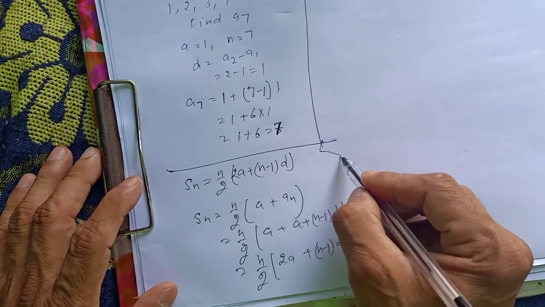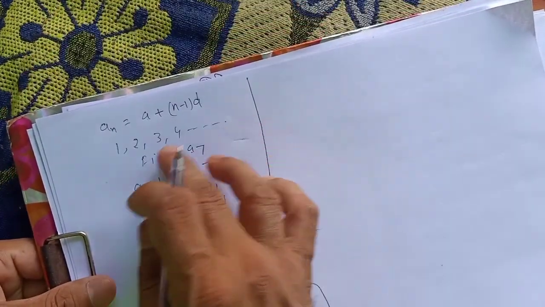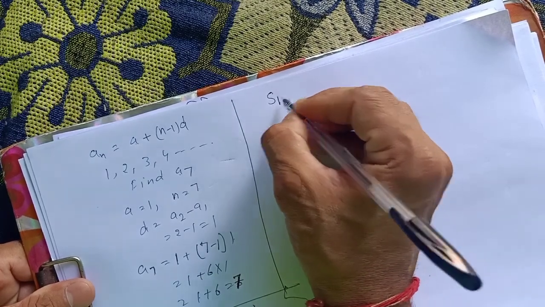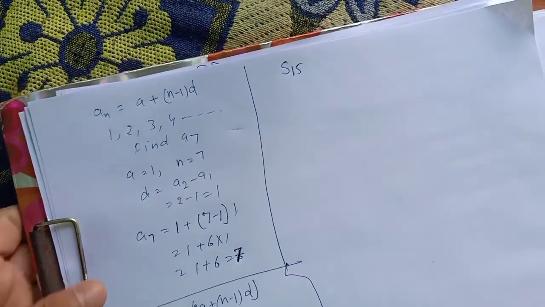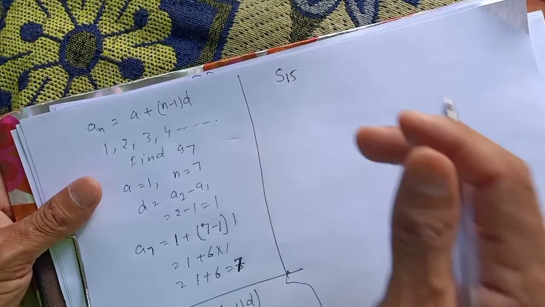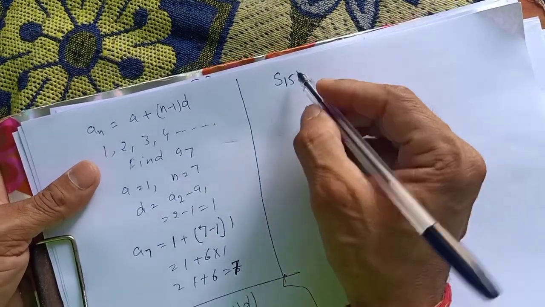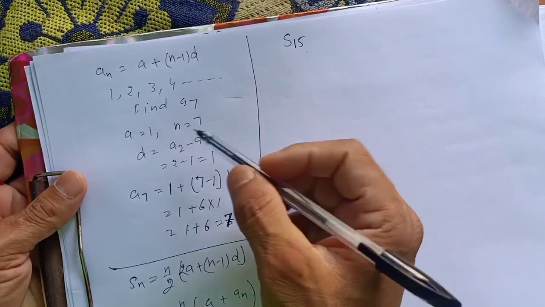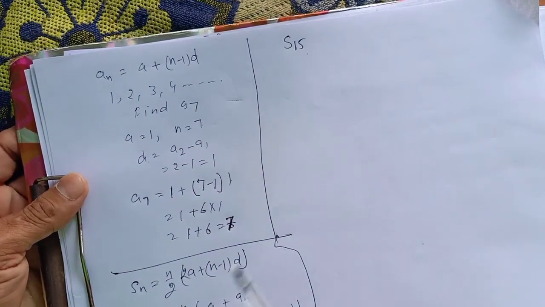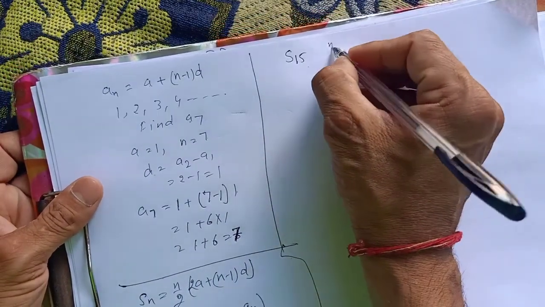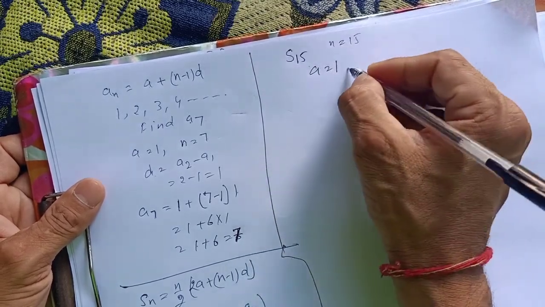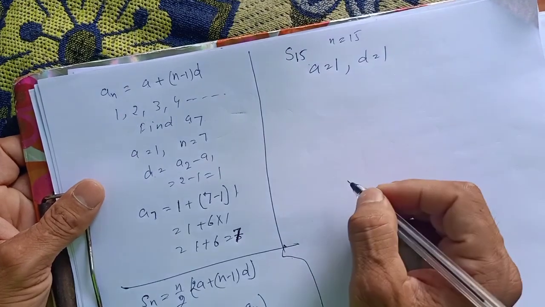In the same example, if we have to find the sum of 15 terms, we can put 15, a and d here. As 15 means n becomes 15, a is equal to 1, d equal to 1.